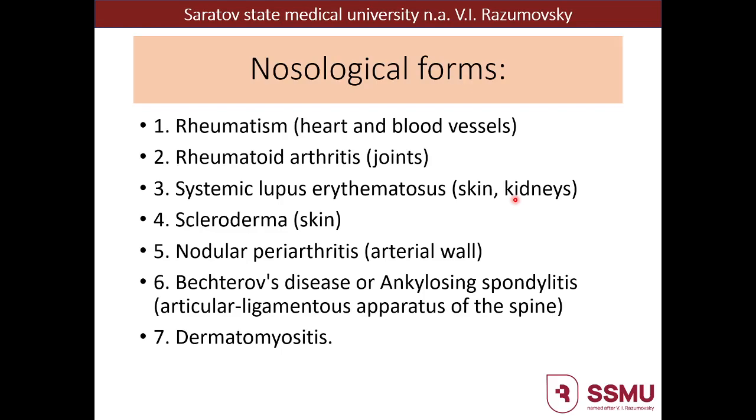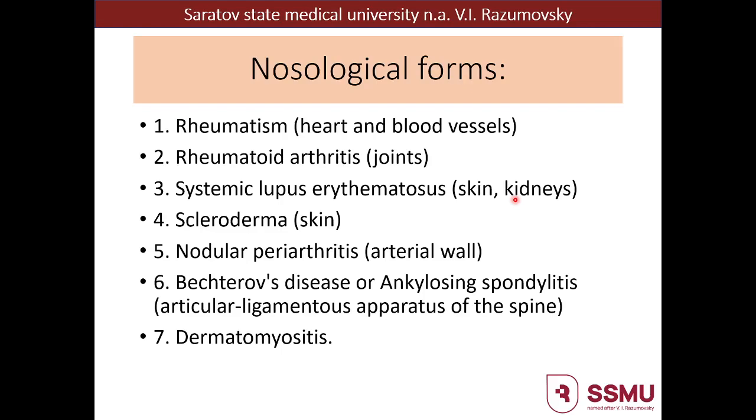And there are some rarer diseases like scleroderma, which is associated with damage of connective tissue of the skin; nodular periarthritis, which is associated with damage of small arteries and their walls; ankylosing spondylitis, which is associated with damage of the spinal column and joints in the spine; and also dermatomyositis, which is also associated with damage of skin.